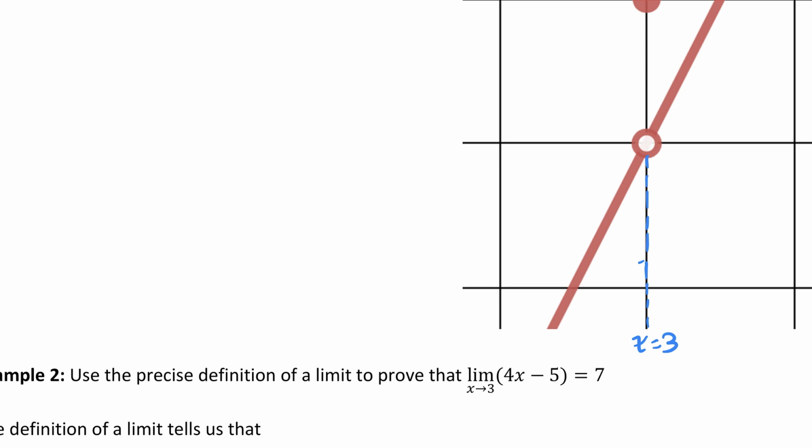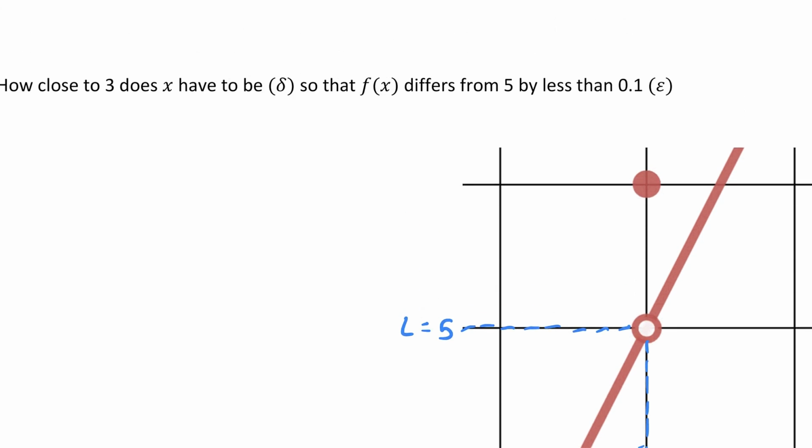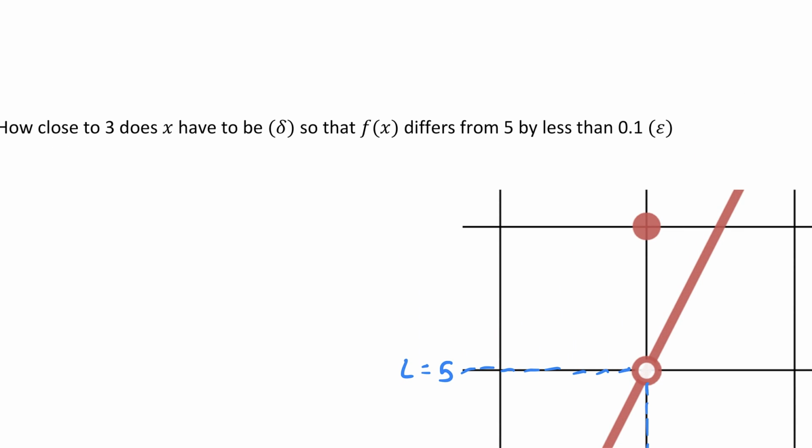So at that point on the graph, the question gives us a margin of error. It says epsilon is only 0.1. Well, I know the y value of this discontinuity was 5. That was given to us in the graph. And that was our limit.